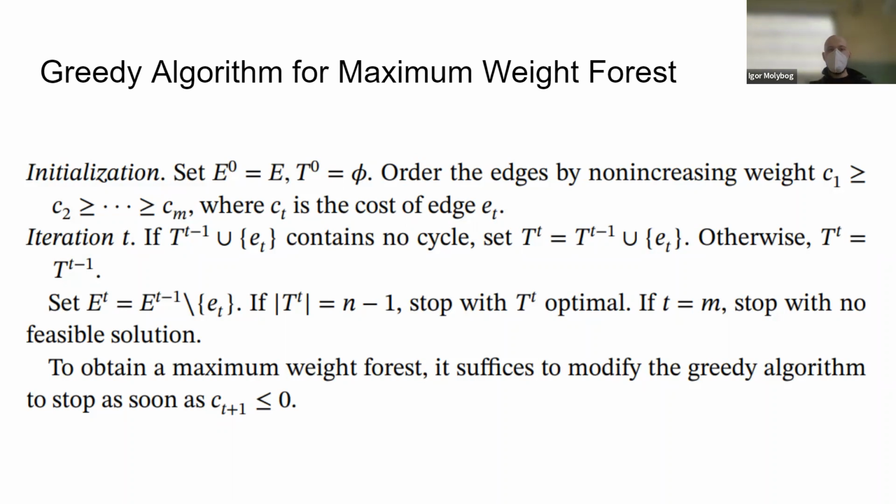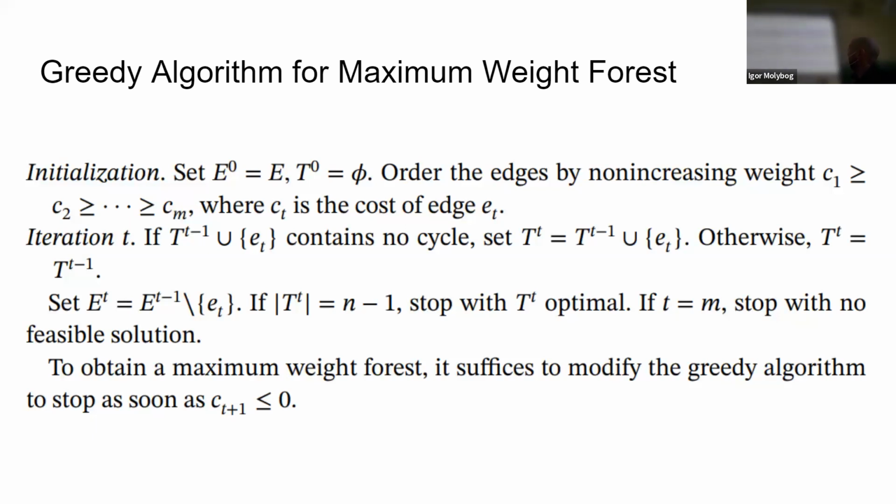So the initialization for this problem is the set of all edges. So we are picking all of the edges. So in this greedy algorithm, we're going to be tracking two subsets.